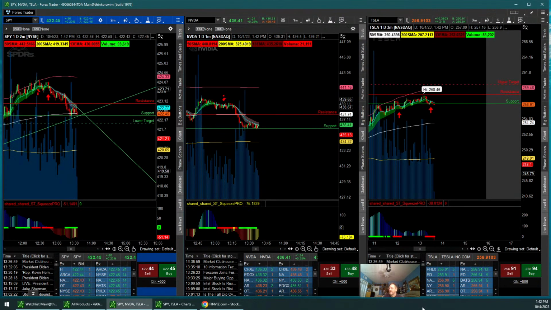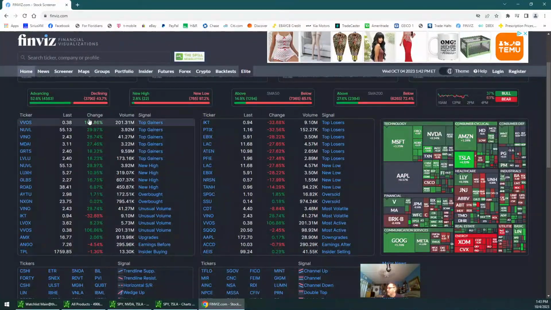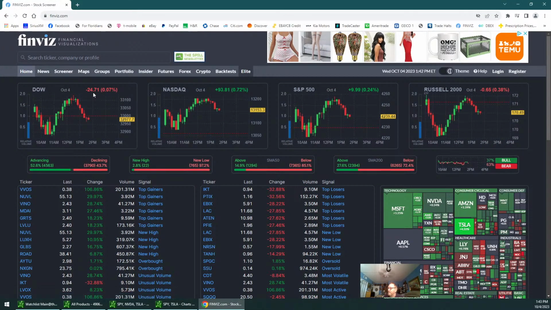But right now, we're in the middle. We are right there at the VWAP. So what happens could be 50-50 either way. I have a little bit more inclination to say, what's happening to the markets right now. Where is FinViz right now? All right, so if I take a look at the Dow, look at that. I finally went from positive back down to a minus.